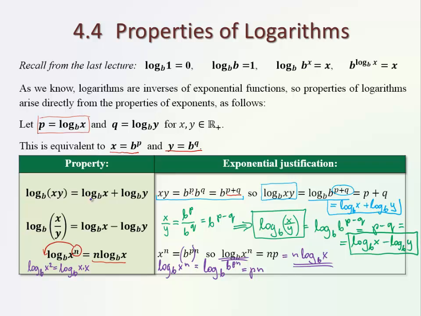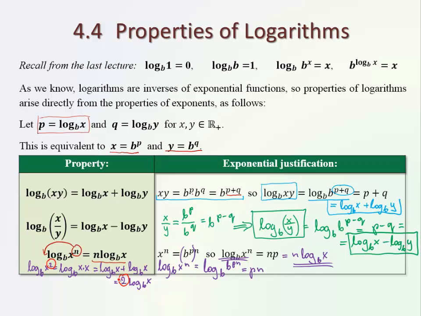But then we can use the first property and split this log into a sum of two logs, log base b of x plus the same log of x again, which is the same as 2 log base b of x. So yes, we can actually take this exponent 2 and bring it outside of the log.